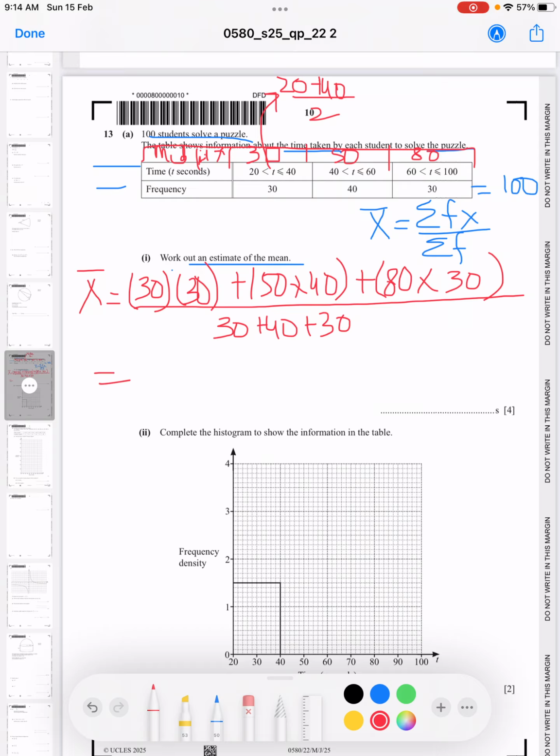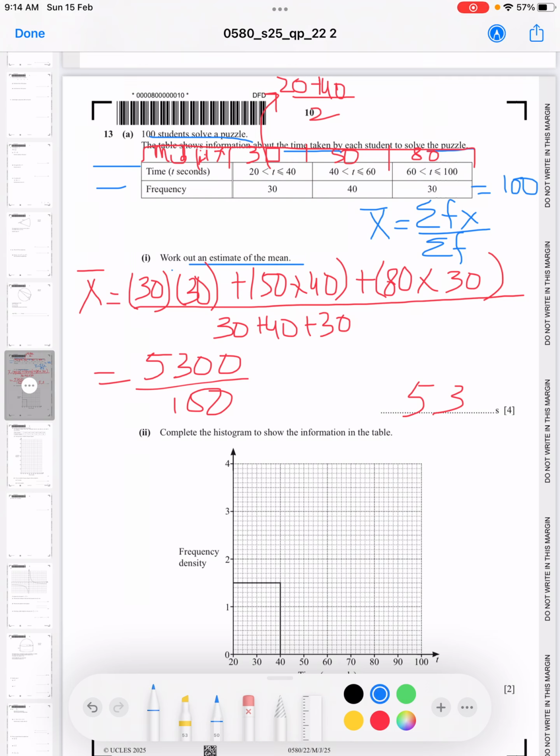So when you multiply it, you get 5300 divided by 100, and at the end you get the mean 53. Okay, now come to part B.